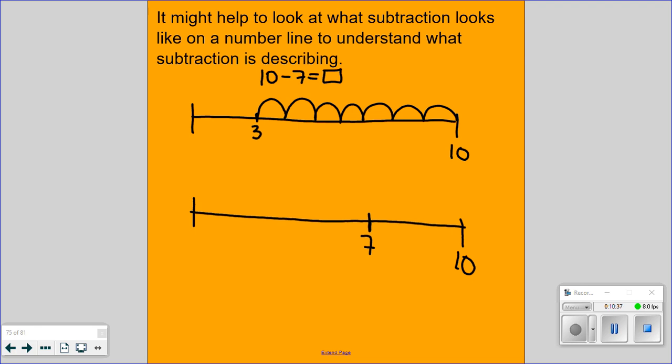All right, well, let's count and see how many numbers are in between 7 and 10. Ready? 8, 9, 10. How many numbers are in between 7 and 10? Carl? 3.